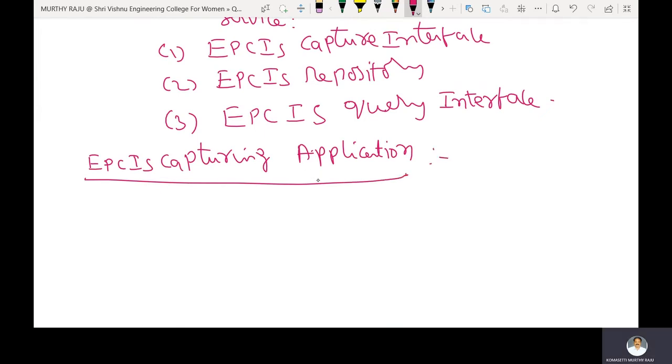This block is used for getting the information from the ALE. Filtered and consolidated information is stored in the ALE. The capturing application captures the information from that ALE through an ALE interface.